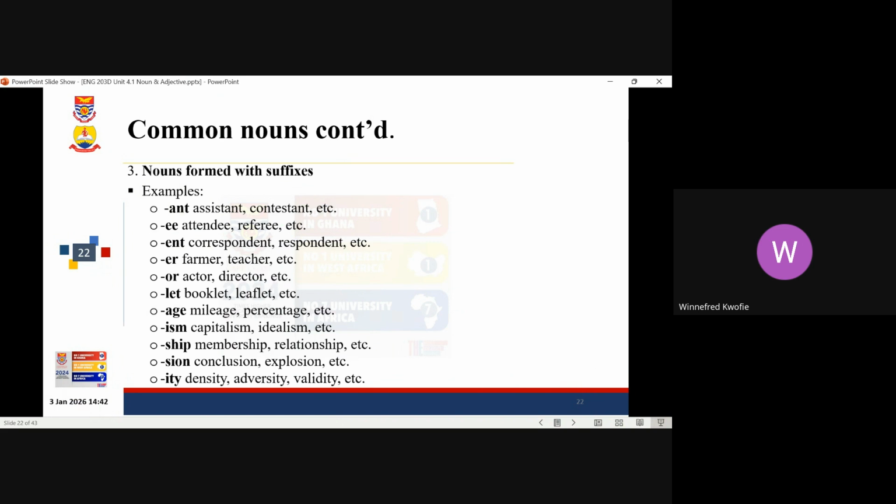ER, you can talk of teacher. OR, actor, director. LET, booklet, leaflet, and then the rest continues. So when you see these suffixes, they often indicate the presence of nouns.